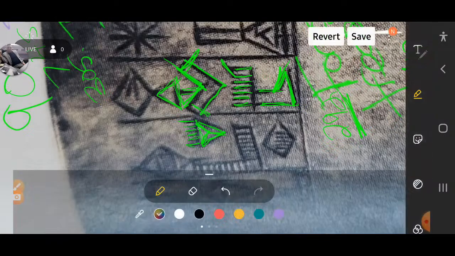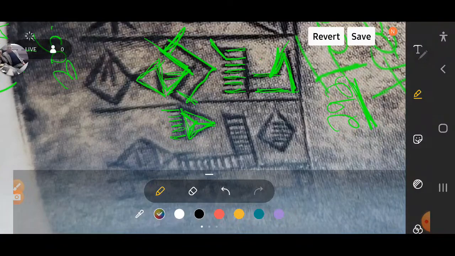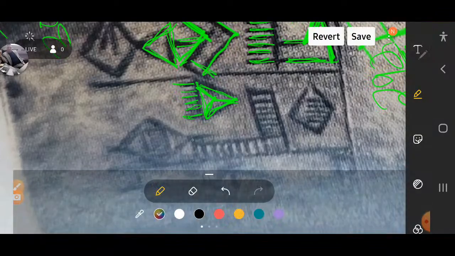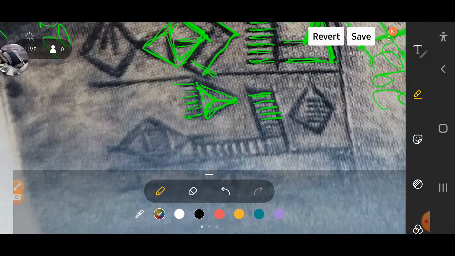So now you have 6 sides on the triangle. So I don't know if that means anything, but I do see that on there. And here, what do we have here? 1, 2, 3, 4, 5, 6, 7.